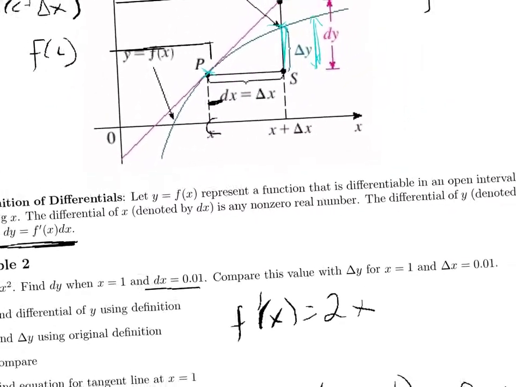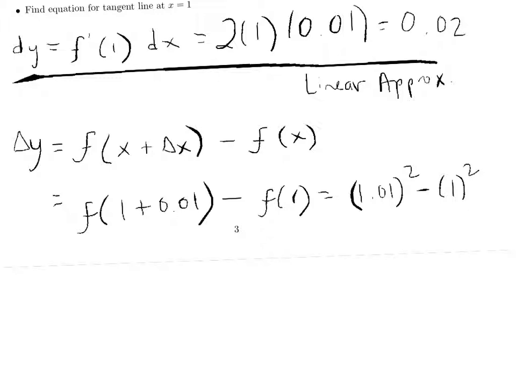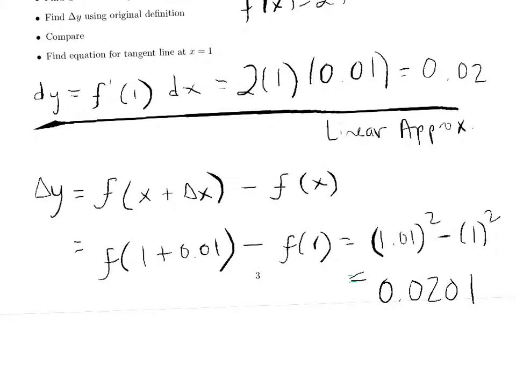So back to here. We've plugged in 1.01 squared minus 1 squared, which is going to give us 0.0201. Now note the difference between dy and delta y. What can you say about the difference between those two values?